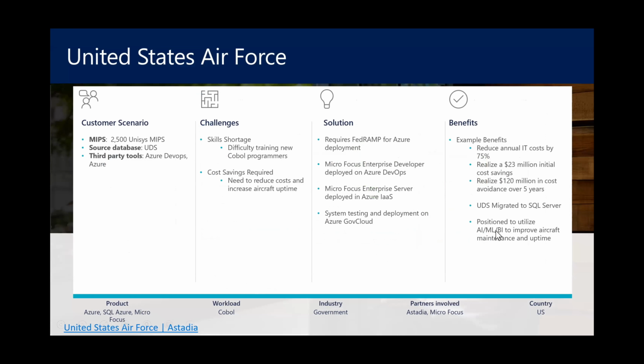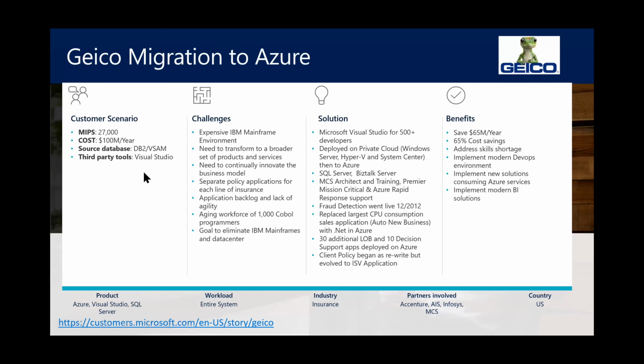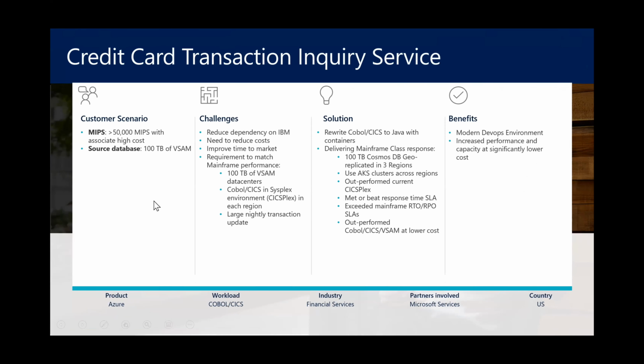I don't really have time to go through them, but this one I can use the name because it's a public case study with the U.S. Air Force. This one is another public case study with Geico Insurance. This one is with a credit card company, a processor for credit card systems.